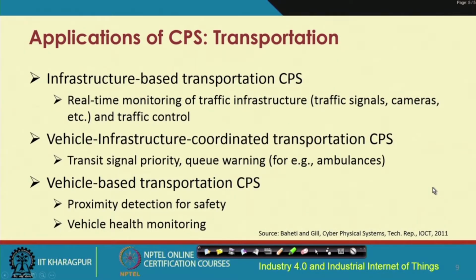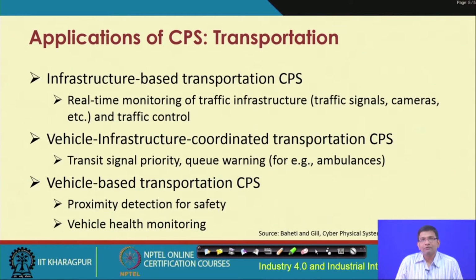So the next application domain of cyber physical systems is transportation. Cars, vehicles in general, and aircraft all use cyber physical systems. There could be infrastructure based transportation cyber physical systems for real time monitoring of traffic infrastructure, such as traffic signals, cameras, etc., and traffic control.